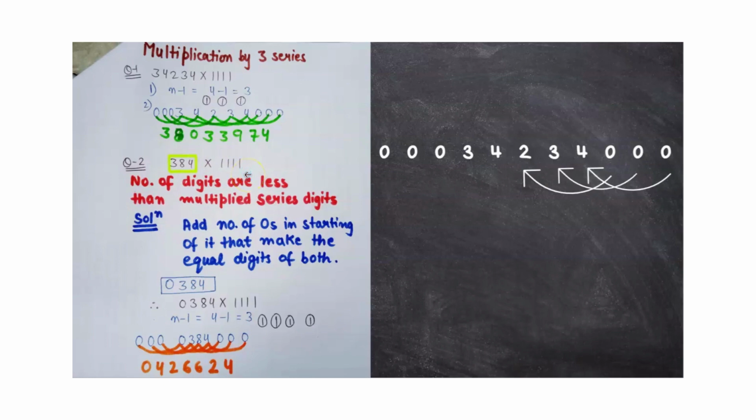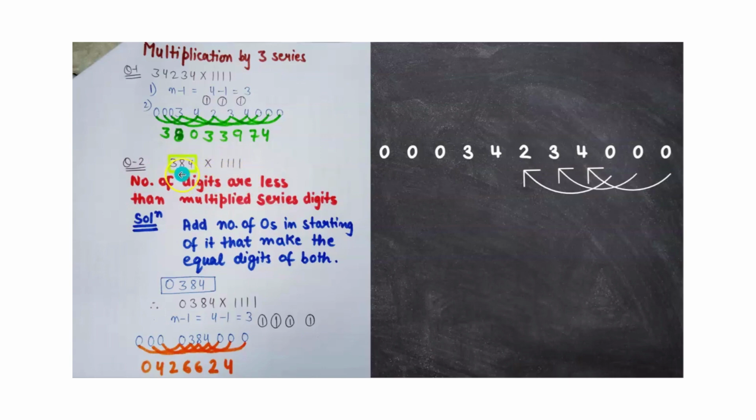In simple words, if the number of digits are less than the multiplied series digits, you can understand it here like this. You have a number to whom you need to multiply by the series numbers.